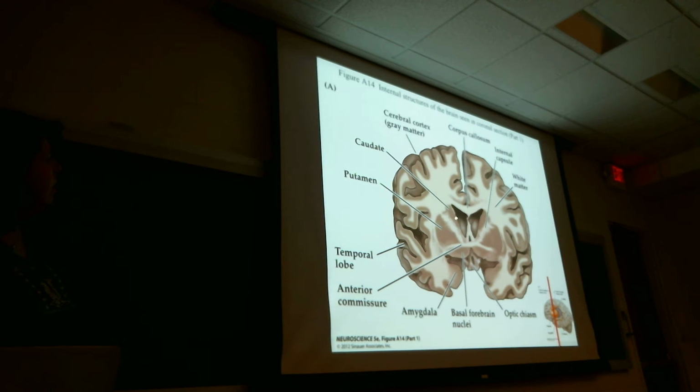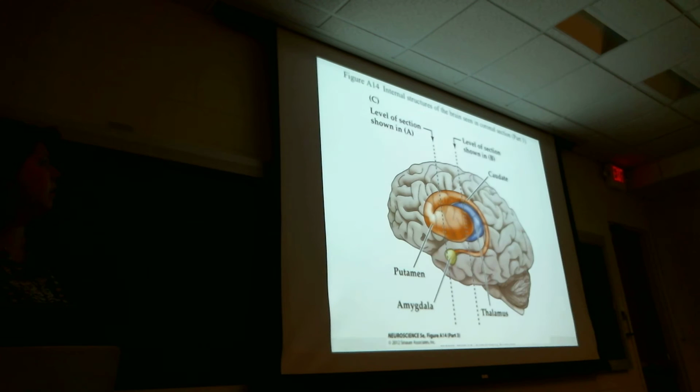So here is the caudate. This triangle of gray matter is the putamen. You have another layer of white matter, another little highway that runs here, the anterior commissure. And then there's another nucleus called the basal forebrain. And then the amygdala is sitting down here. So you'll have to kind of work through the concept of what a cross-section through the brain looks like.